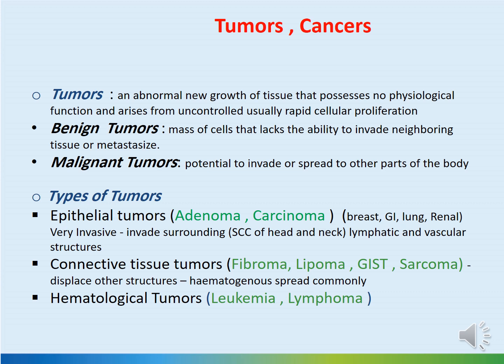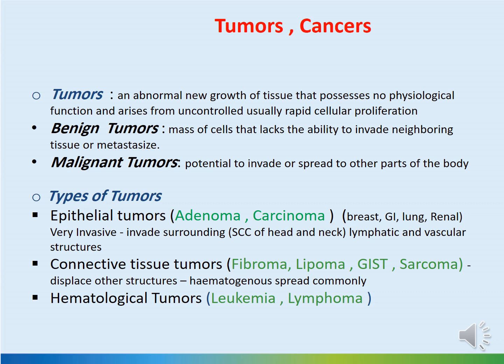Malignant epithelial tumors actually have many characteristics. They are very invasive. They have the ability to invade the surrounding tissue, and the lymphatic tissue with vascular structures also. For example, epithelial tumors have the ability to metastasize to the lymph nodes and or other organs.